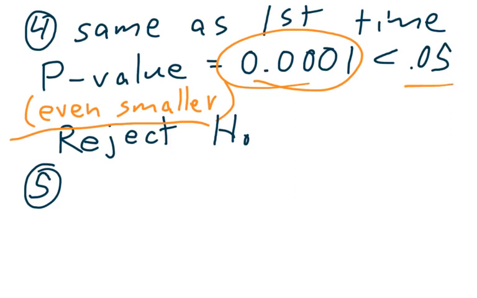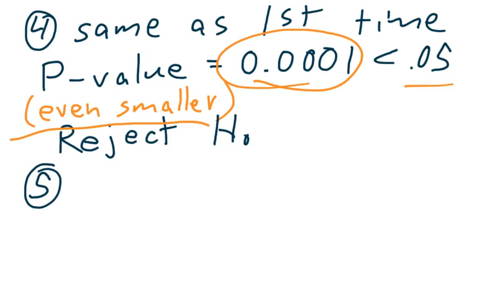So if we already rejected the null hypothesis when we had some p-value, and we change our sample so that we get an even smaller p-value, then we still reject the null hypothesis because it's even further into the critical region, the rejection region.